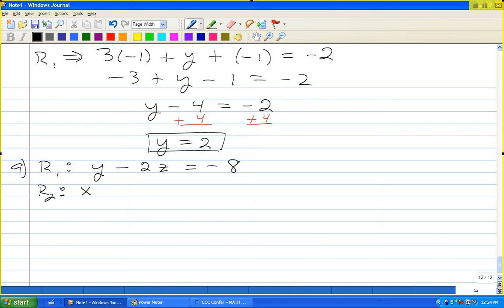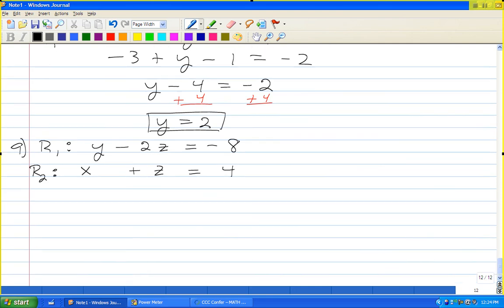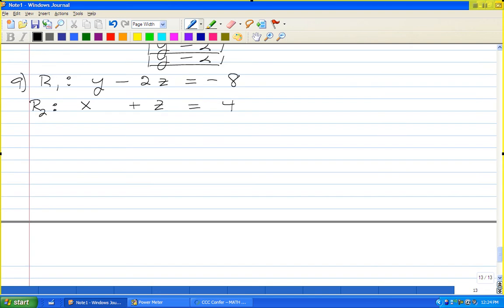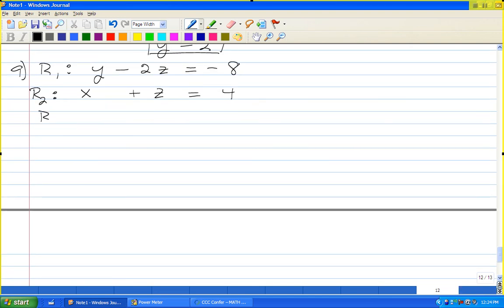X plus z equals 4. I have 2x minus y is equal to negative 4.